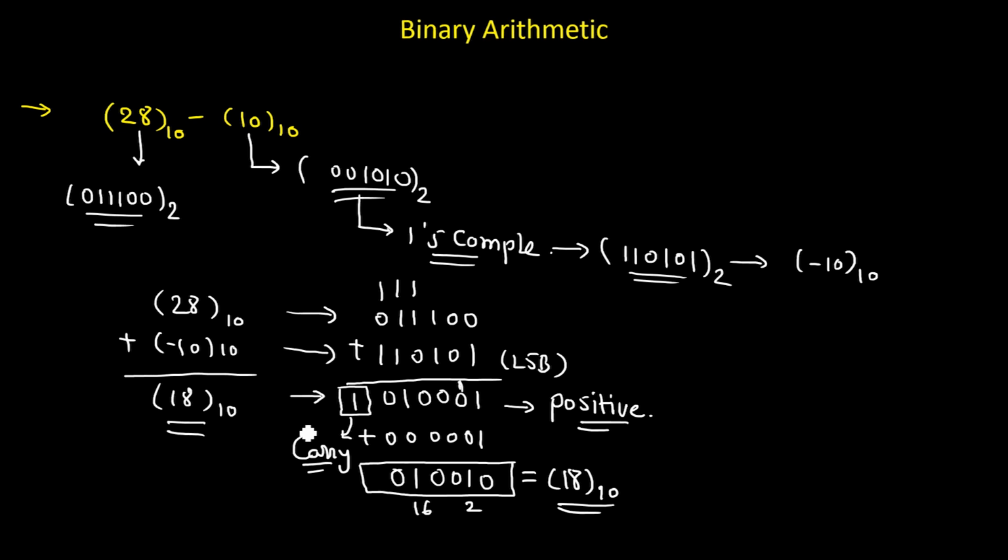If carry is generated in the final answer, then the result is positive and true, and we add that carry to the result to get the final answer. As discussed in our previous example, if carry is not generated, then the result is negative and in first complement form. Clear? Now let us discuss binary subtraction using the 2's complement method.